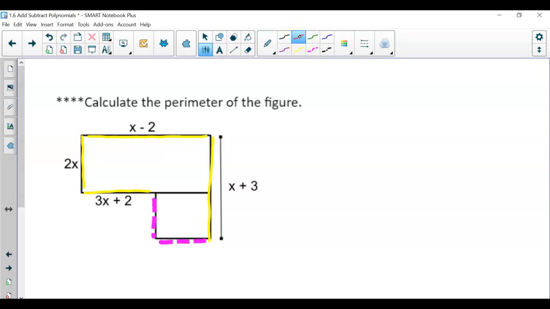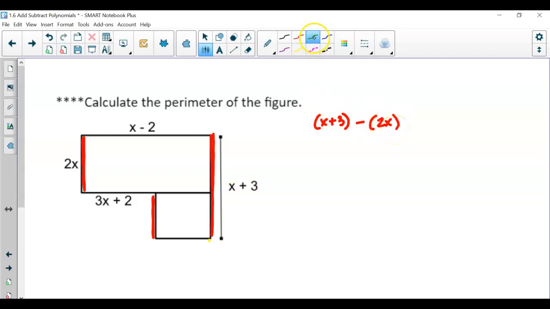So here, let me go ahead and erase this. Notice how this side is 2x. This full side is x plus 3, which means these two sides that are parallel to it add together to get you x plus 3. So 2x plus what gets you x plus 3, or work backwards, x plus 3 minus 2x.